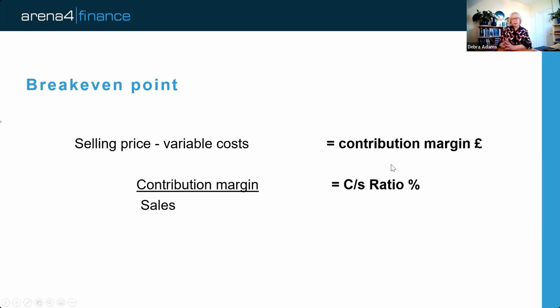You can then use this if you have, say, a variety of different types of rooms that you're selling with different selling prices, but then you're looking to see, is the CS ratio the same for each of those different room types? I.e., is the margin or the relationship between the variable costs and the selling price the same in each case, the same sort of percentage? And that in itself is a very useful activity, even if you're not planning to go all the way to calculating your break-even point.